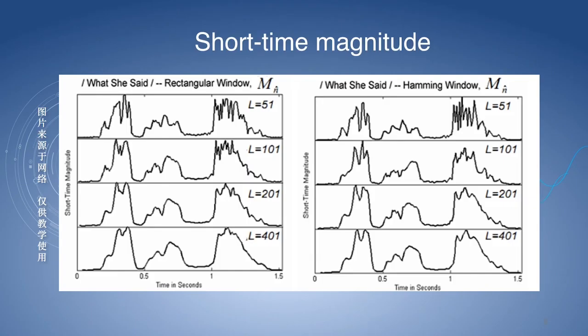The short-time magnitude parameters can also be used to distinguish voiced and unvoiced speech. The differences between short-time energy and short-time magnitude are noticeable in unvoiced regions.